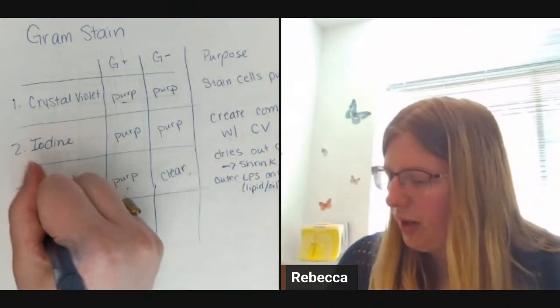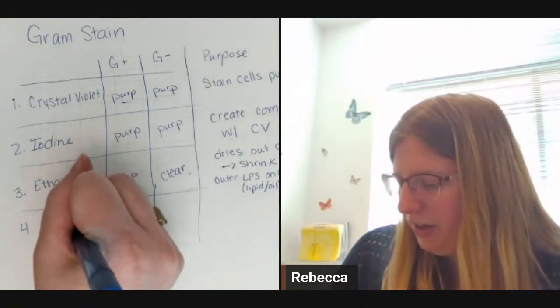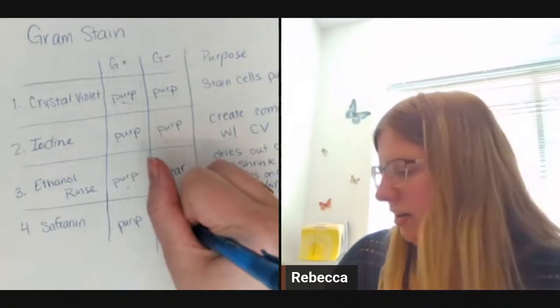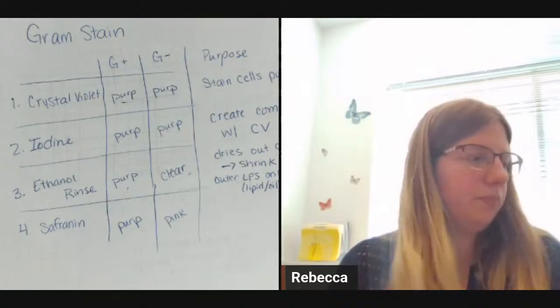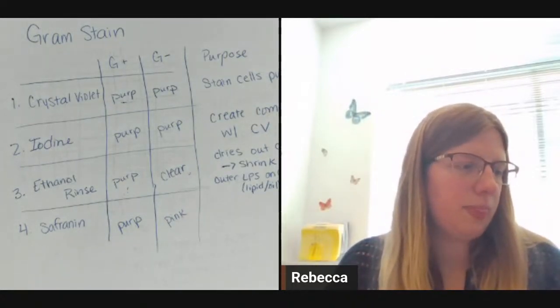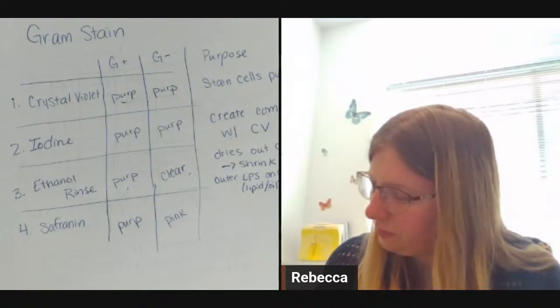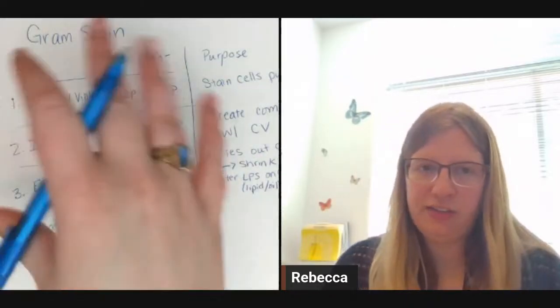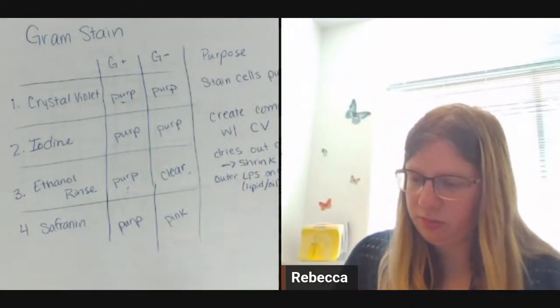Basically, what we do is we use safranin as a counterstain to make them pink. So that's how that part works.